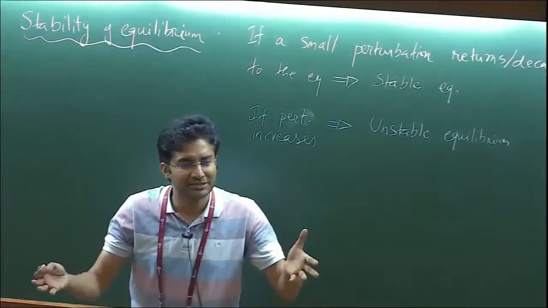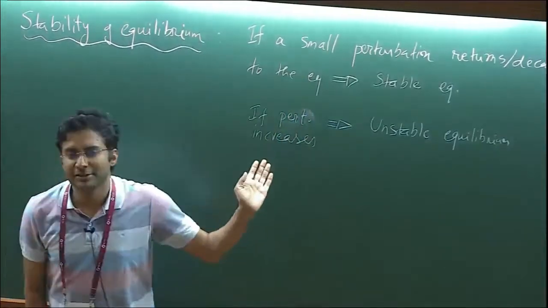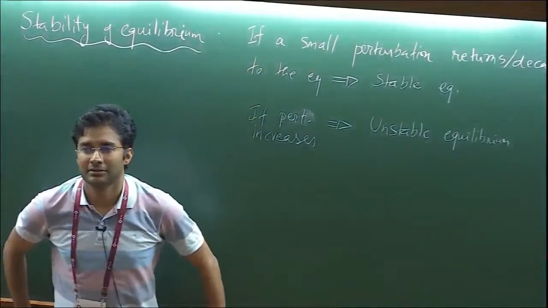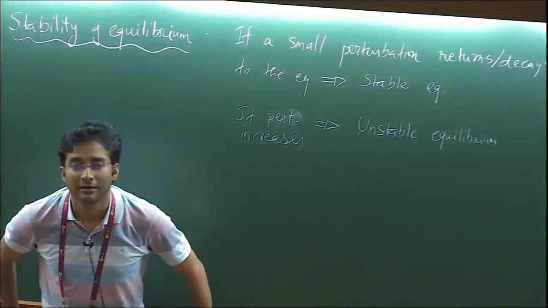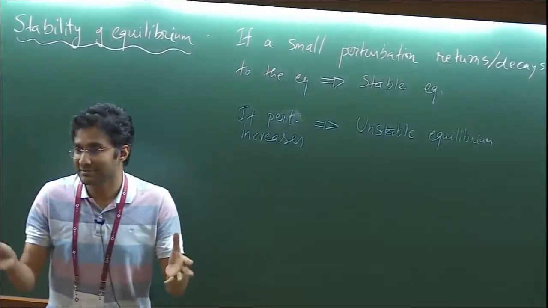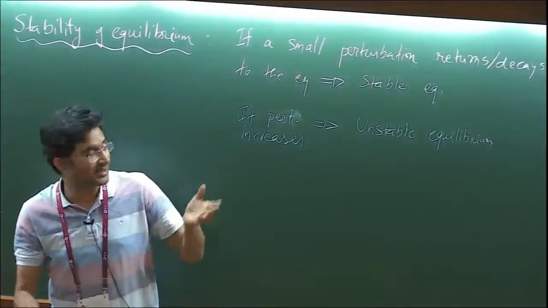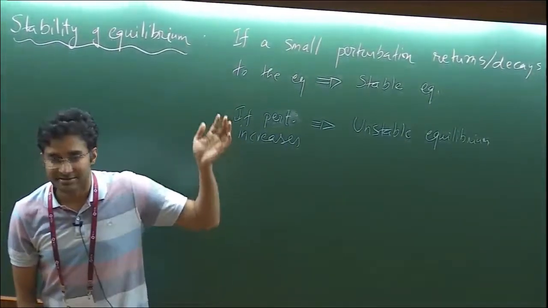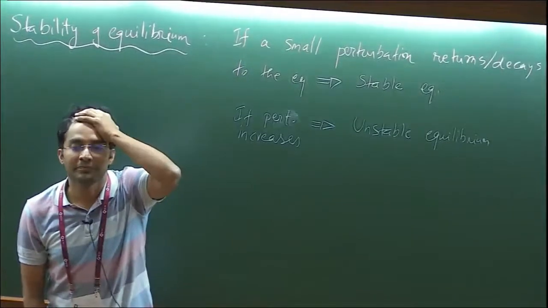And if you have a real population, where are you more likely to find the system? In this or this? You will find a real ecosystem, a real biological system, in unstable equilibrium? Or stable equilibrium? Stable, right?